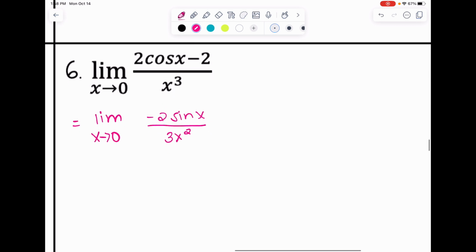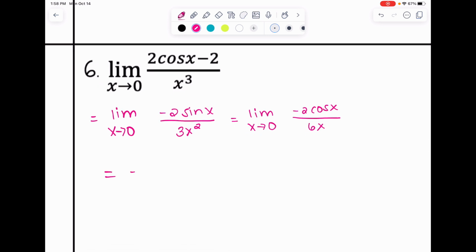So once again, I'm going to do L'Hopital's rule. It's another double application one. So now I would get negative 2 cosine x over 6x. Now let's substitute in here. So I have negative 2 cosine of 0 over 6 times 0.